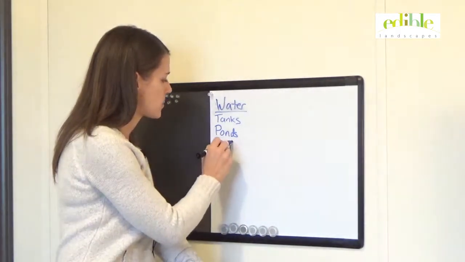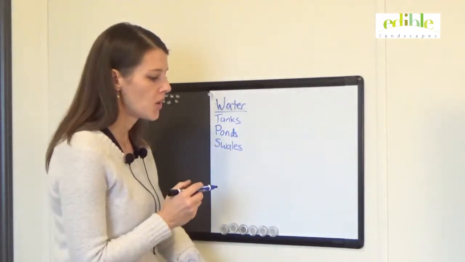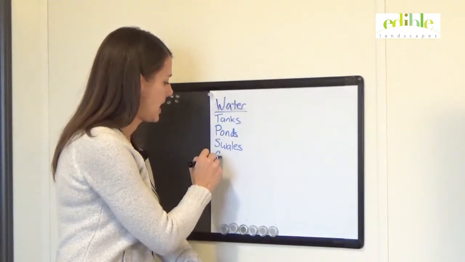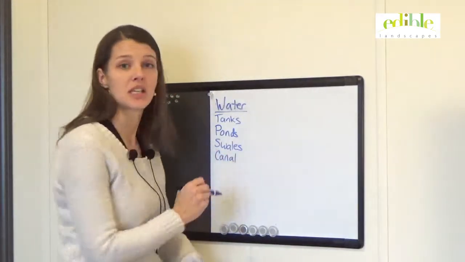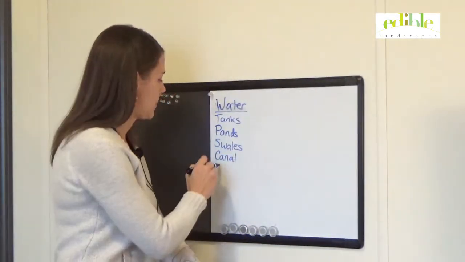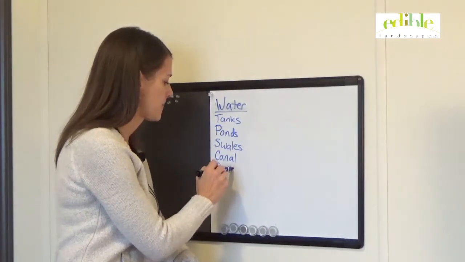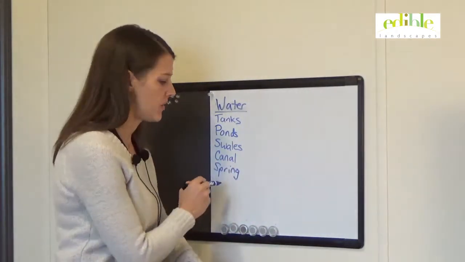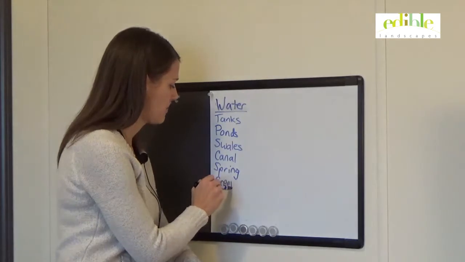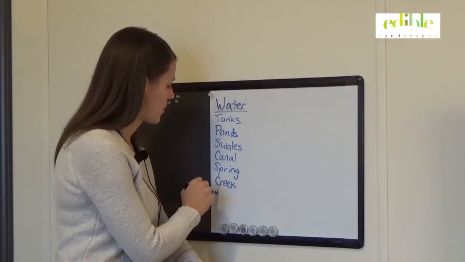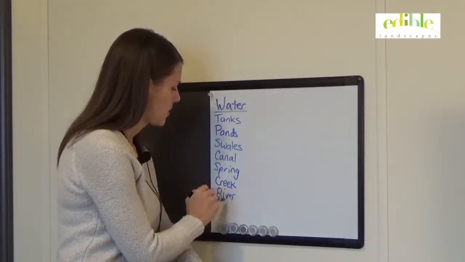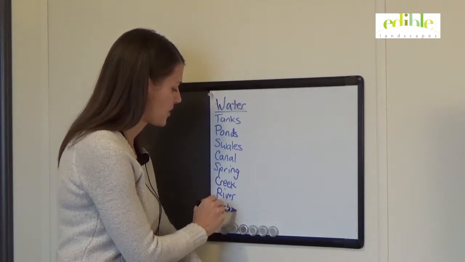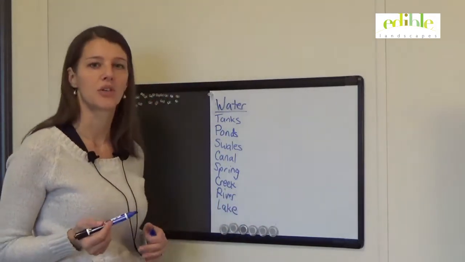We maybe have some swales. We might have a canal that's joining two ponds together. We might have a spring. We might have a creek or a stream, maybe a river, maybe a lake. So there's quite a few different water features that we might actually have on our property.